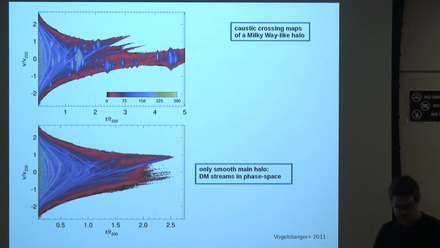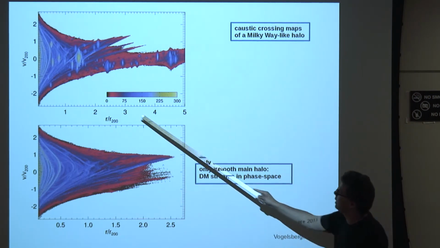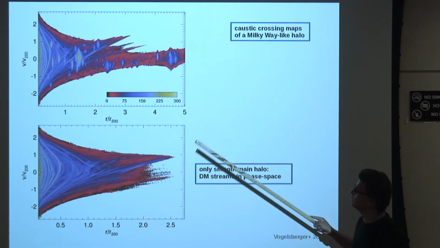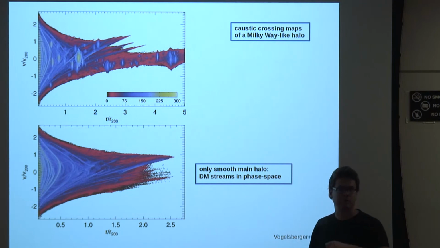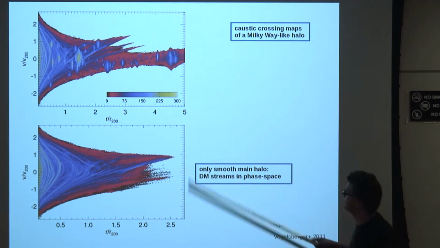If you do this, you can, for example, look at the Milky Way halo. This is similar to the halo I showed yesterday from the ZOOM simulation. You can take all your simulation particles from the N-body method and color code them in phase space, now in a one-dimensional phase space, according to the number of caustics they went through. The particles fall into the halo and undergo these caustics, and the color encodes the number of caustics.